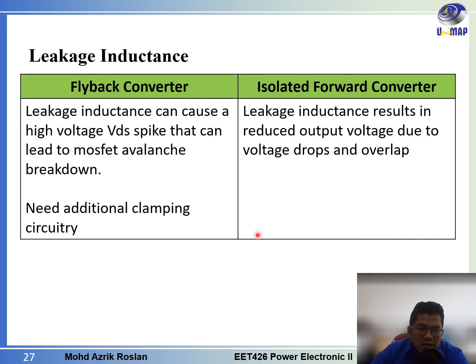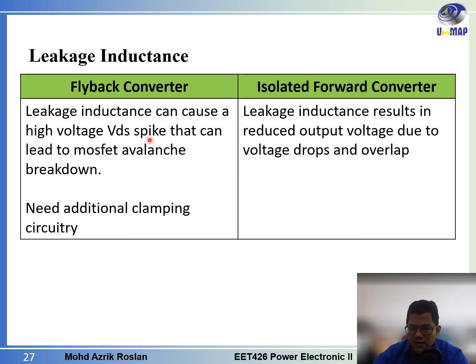And finally, the difference between both types of transformer is the effect of leakage inductance. In the isolated forward converter, the leakage inductance will result in reduced output voltage due to the voltage drop and due to the overlap.